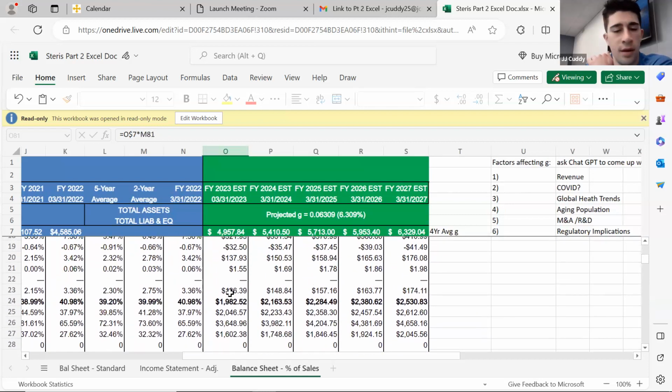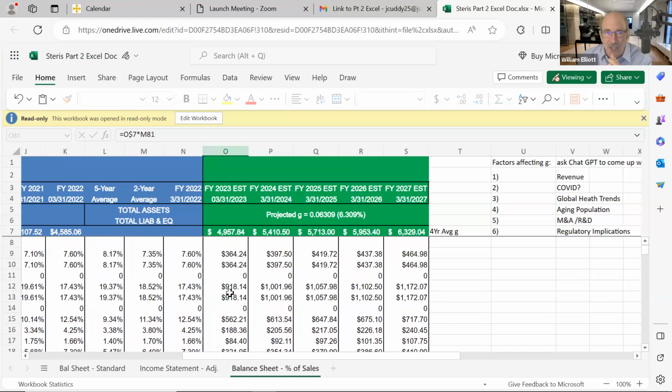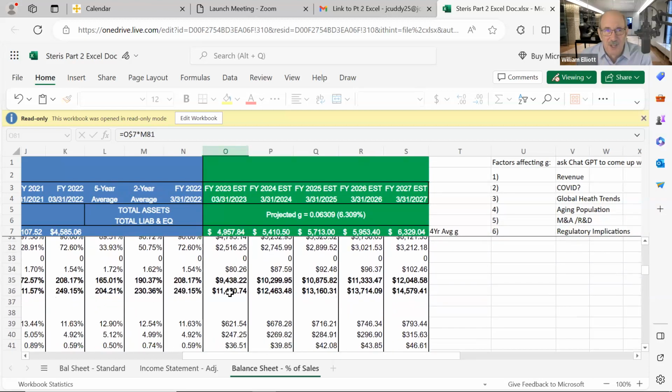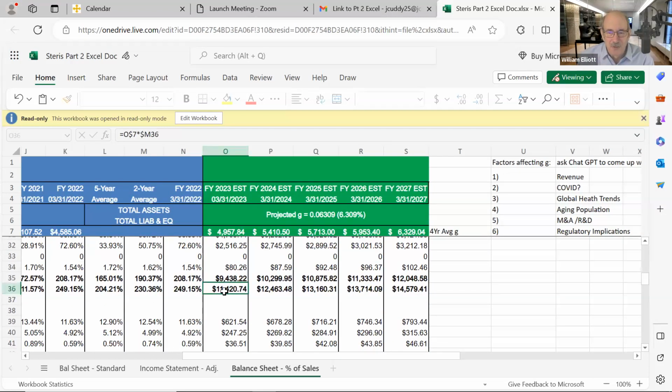Well, it does, because the balance sheet is all of it as a percent of sales. When you start changing PPE and long-term debt and your equity, and you start bringing retained earnings from the income statement over to the balance sheet at the end of the year, you're going to find that the balance sheet doesn't balance.